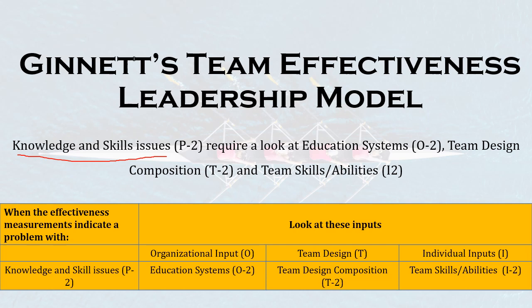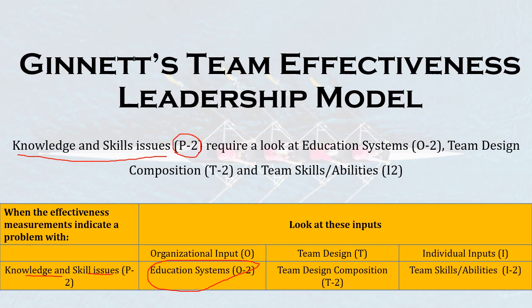As the knowledge and skills are at the P2 level, or the second criteria, if there is an issue with the knowledge and skills, the leader needs to take into consideration the educational system of the organizational inputs, whether the knowledge or the skill sets required by the team members to perform that task are being provided by the organization.